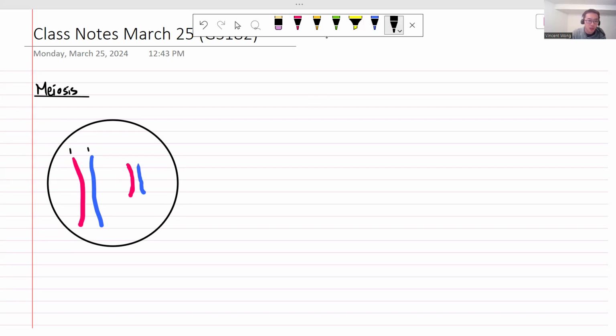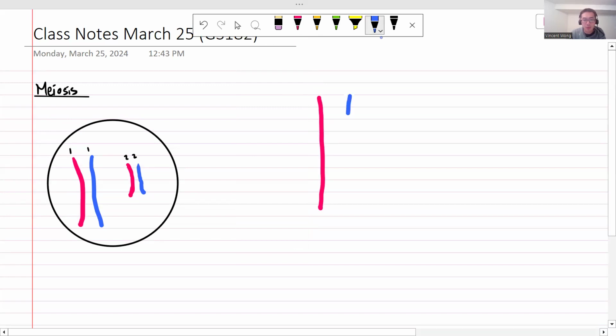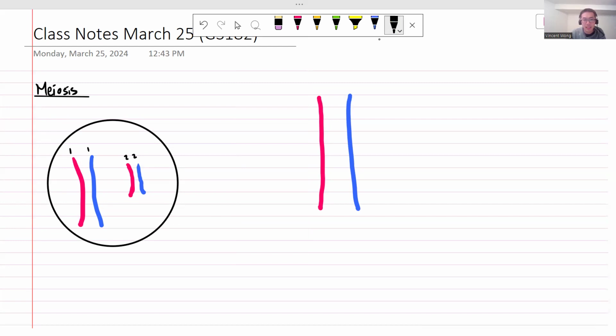So that's 1, 1, 2, 2. And of course, there are 3, 3, 4, 4, all the way to XX or XY. Recall, there are some terms that I have to refresh your memory on. This is chromosome 1 from mom, chromosome 1 from dad. 1 and 1, we call these homologous chromosomes.